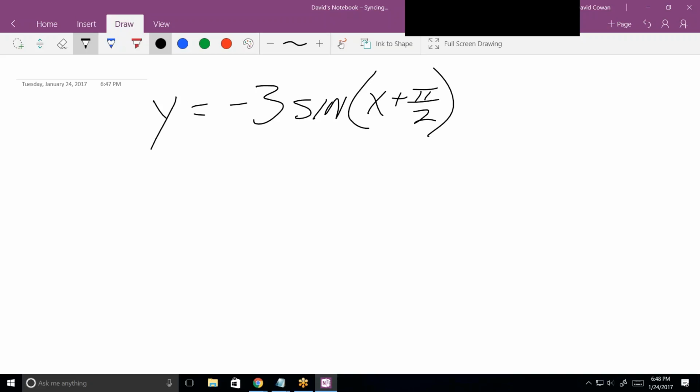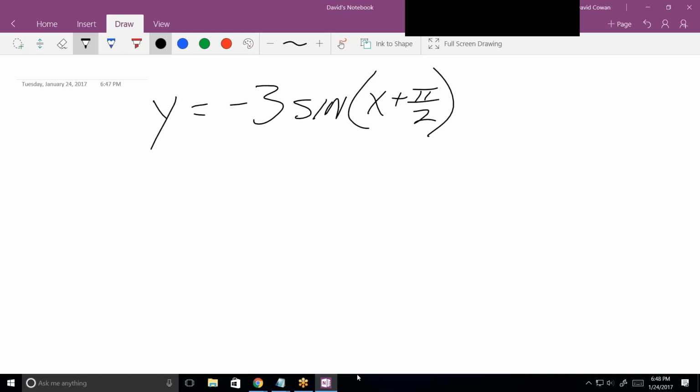What's the negative sign? What kind of transformation is that? Reflection over the x-axis. What's the 3? Vertical stretch. What's the pi over 2? A horizontal shift. Which way? To the left. Okay.